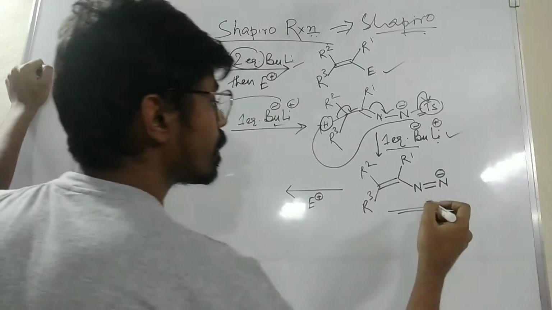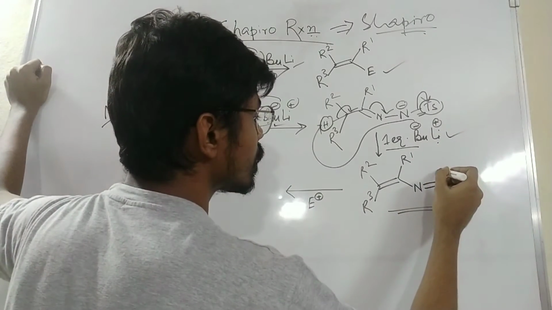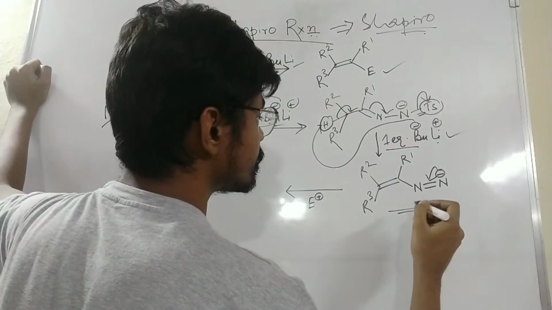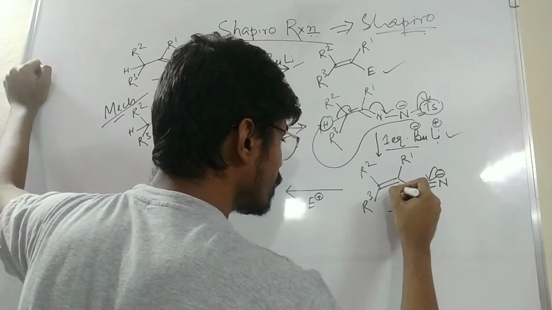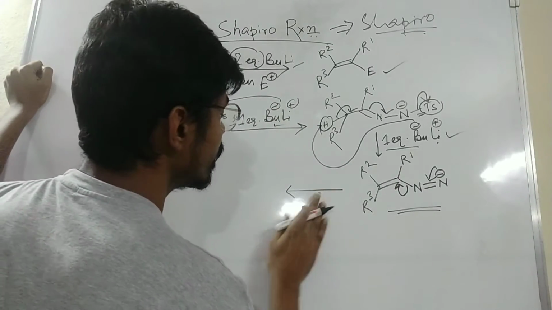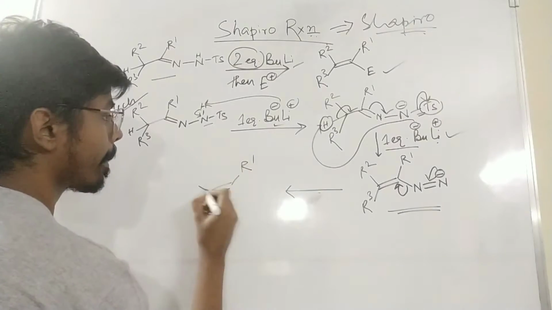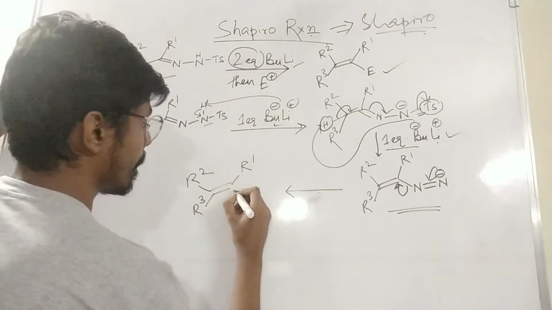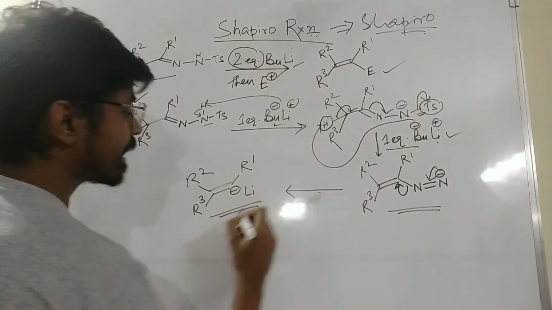Now the negative charge on nitrogen will form a bond here, and the electron from this bond will come here. So this is the formation of a lithium alkylated product.